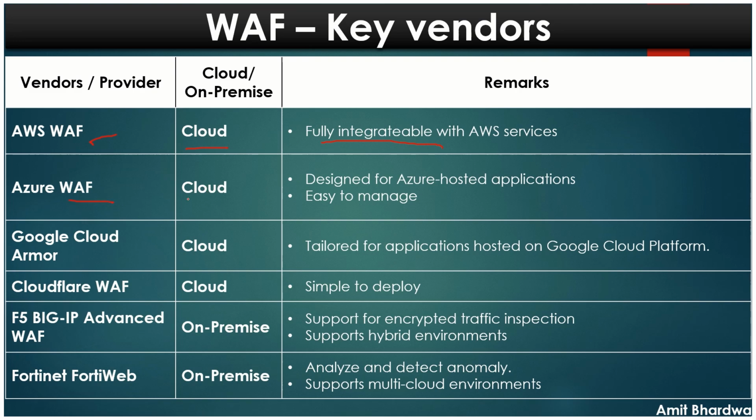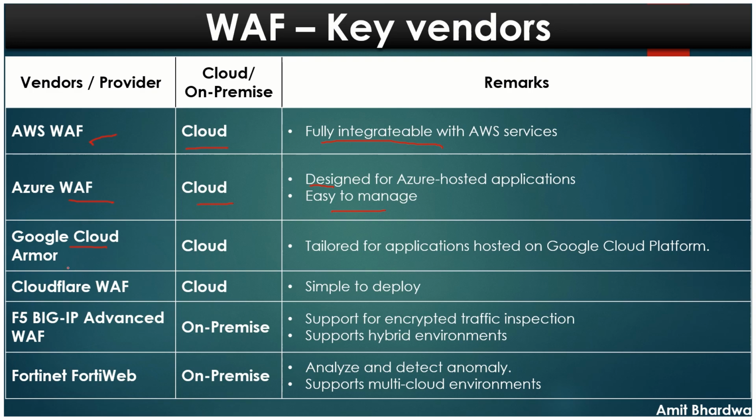Next is the Azure WAF, which is again a cloud offering and it is designed for Azure-hosted applications with integration with Azure Front Door and Azure Application Gateway. Also, it is easy to manage and configure.